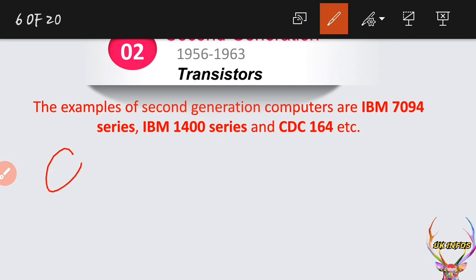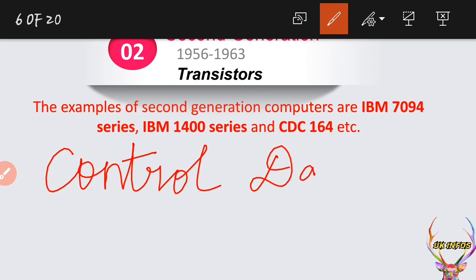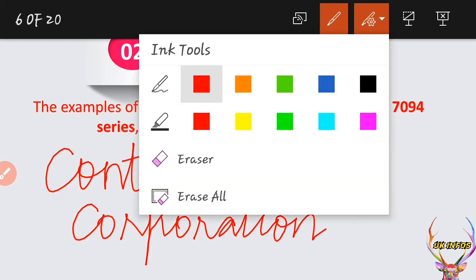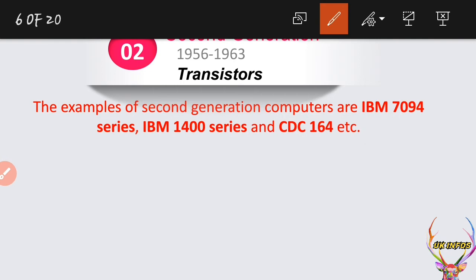C for Control, D for Data, Control Data Corporation. So IBM stands for International Business Machines and CDC stands for Control Data Corporation. See the examples.